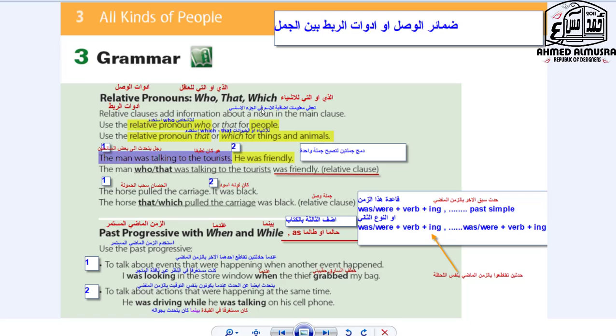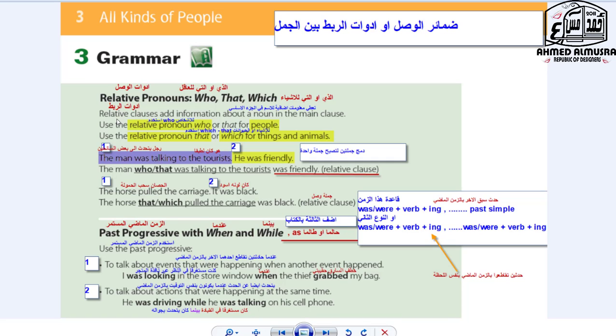Now actually we have two types for this. Number 1 is to identify the main noun in the main clause of the sentence. And the other one is a connection between two sentences that gives more information about them.